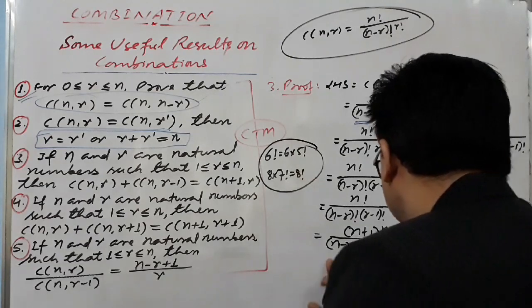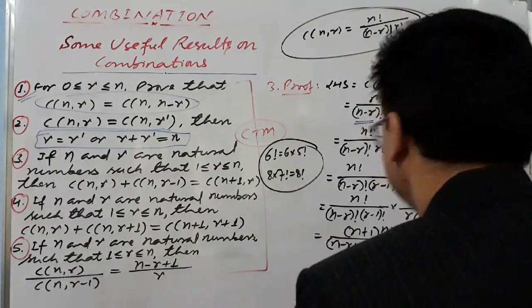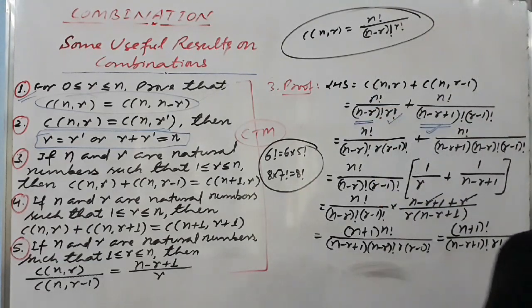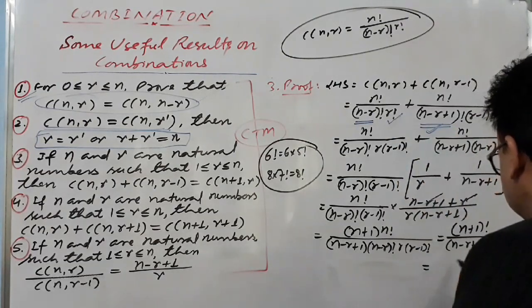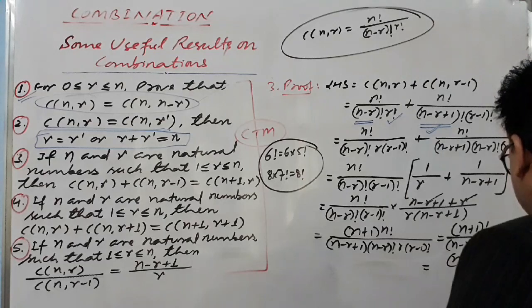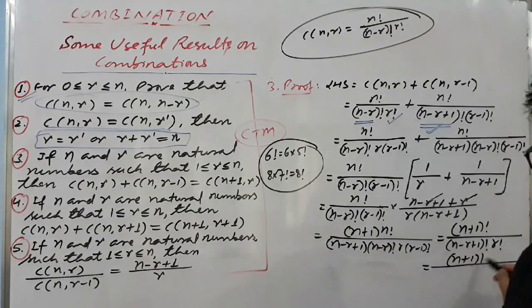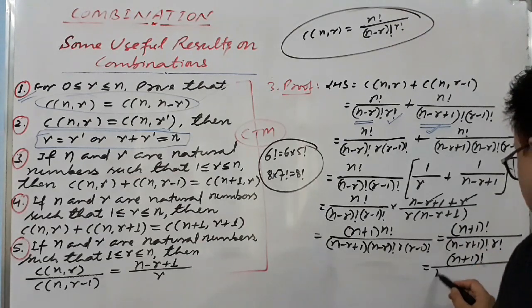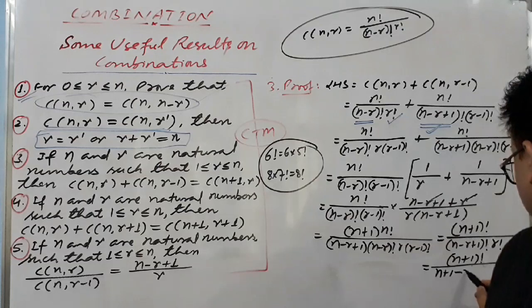Let me make it easy for you. You will write it this way: n plus 1 factorial over n plus 1 minus r factorial, r factorial.